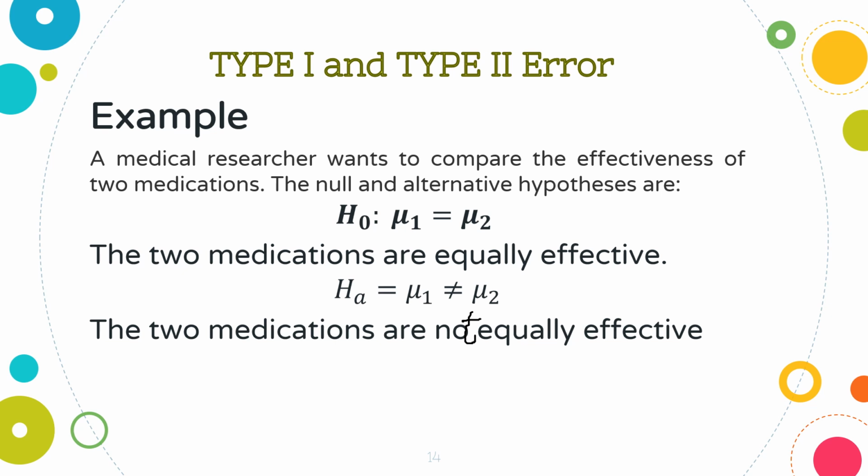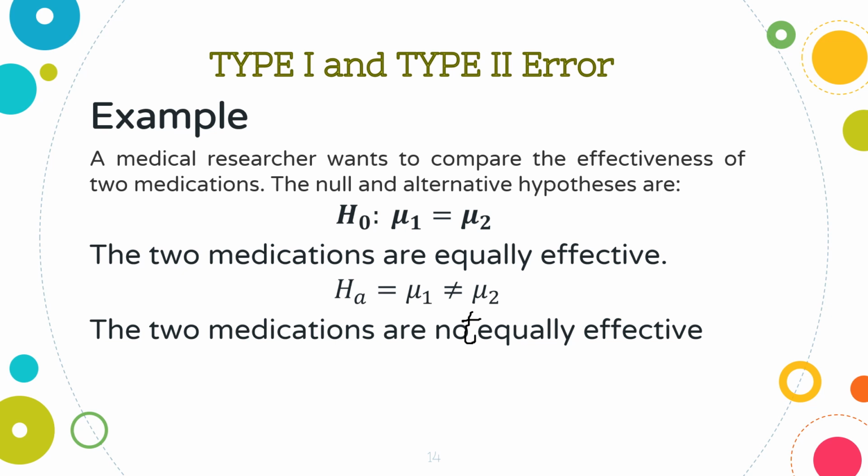A type 1 error occurs if the researcher rejects the null hypothesis and concludes that the two medications are different when in fact they are not. Ni-reject niya yung null hypothesis natin at kinonclude niya that the two medications are different, well, in fact, they are not.